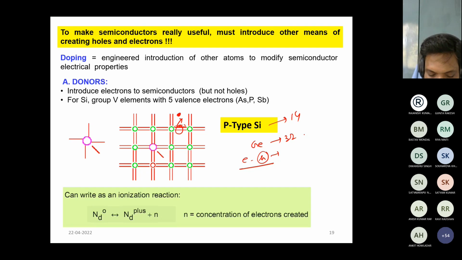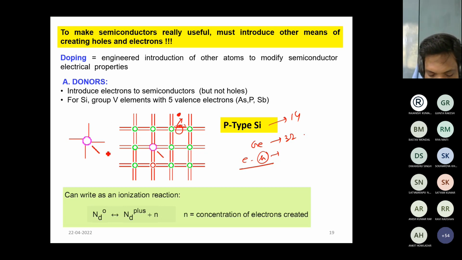So how can we increase the conductivity of the semiconductor? Also, its conductivity can be controlled by the user as per the requirement. This is basically one great advantage of semiconductors that we'll see.